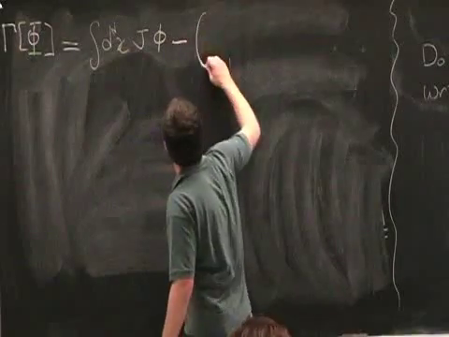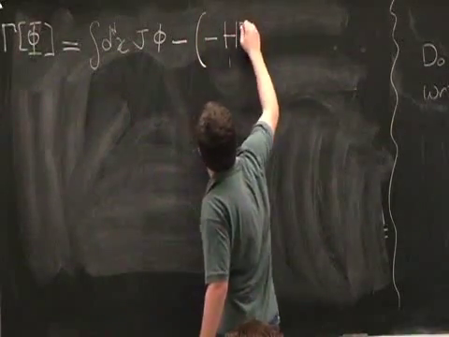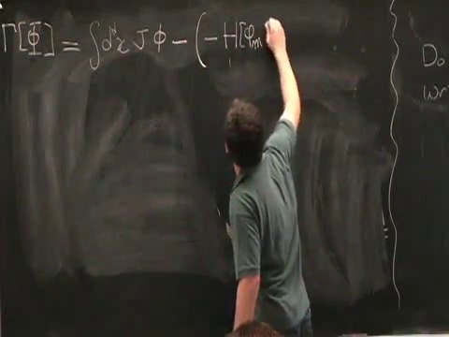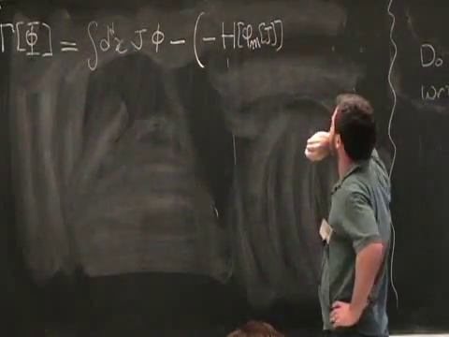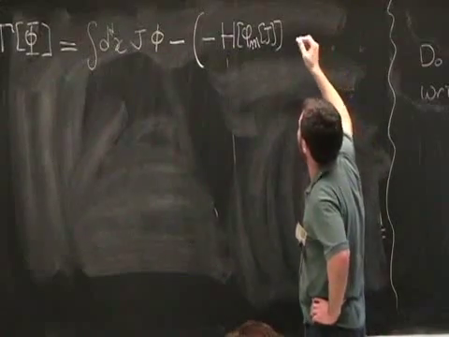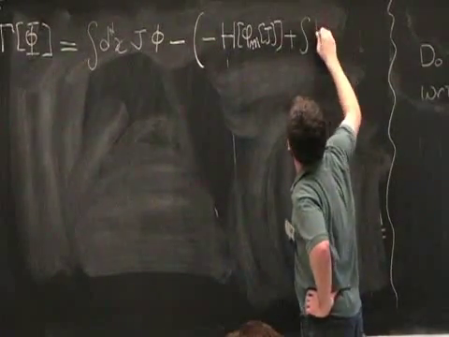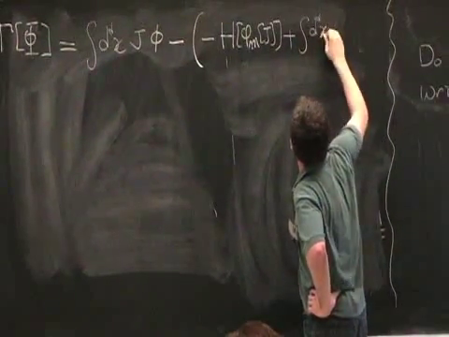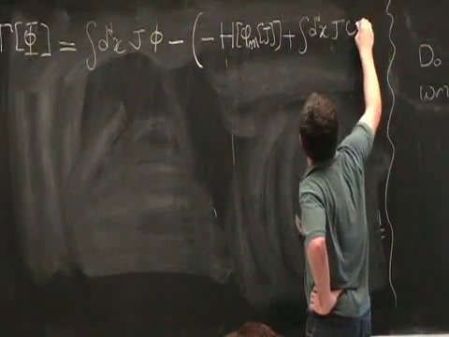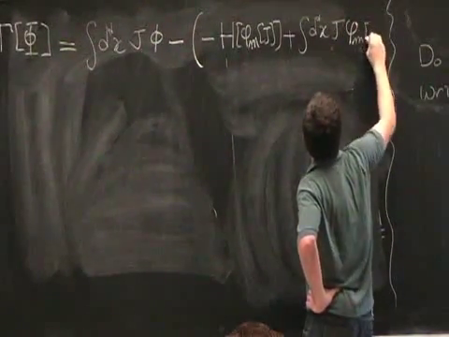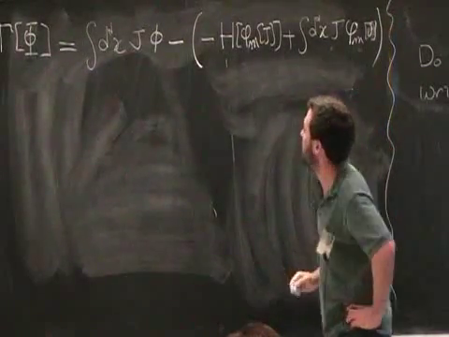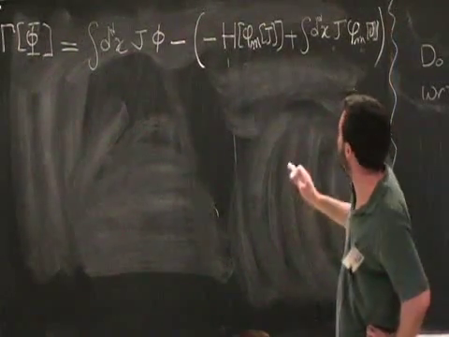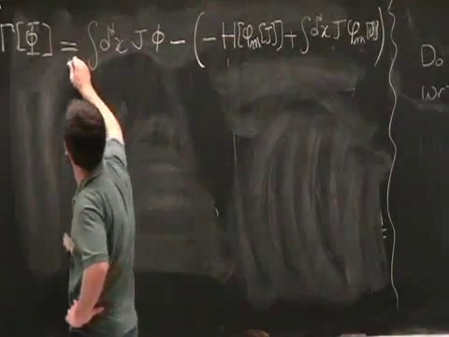So I have here minus h of phi m of y of j, sorry, plus, but now I must use that in this. Here I use mean field.